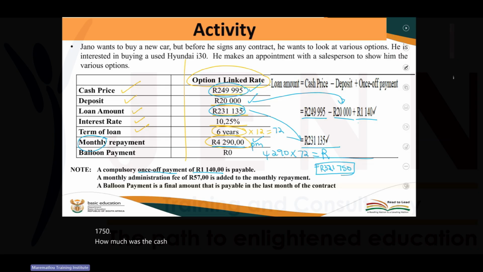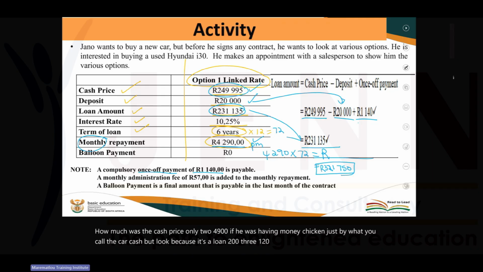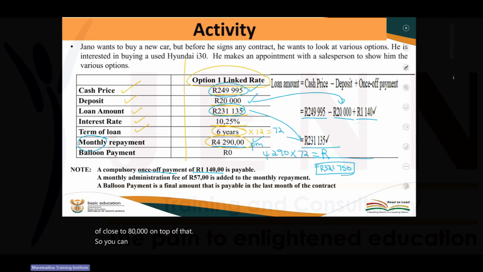Only 249,995. If he had the money, he could just buy the car cash. But look, because it's a loan, 321,750. So you have paid an additional close to 80,000 on top of that. So you can see how expensive it is.